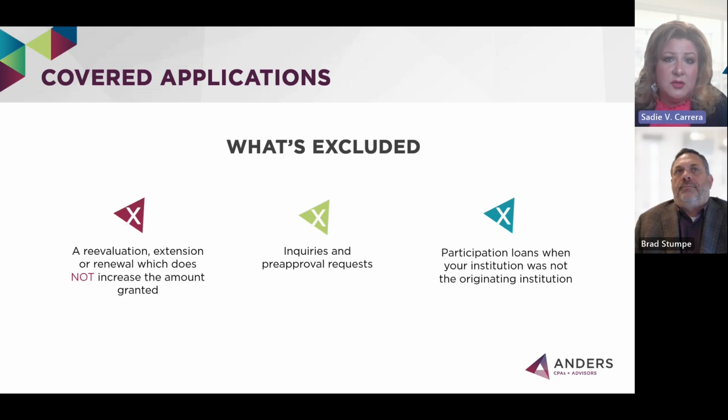What else is excluded? How about our inquiries, pre-approvals, and pre-qualification requests? Those are pretty extensively covered under that definition under a COA. And then participation loans, where your institution is not the originating lender, those are excluded. Those are not considered covered applications under the rule.